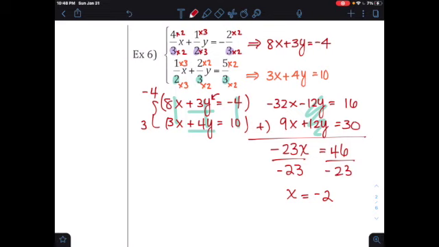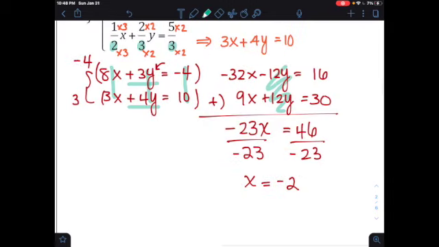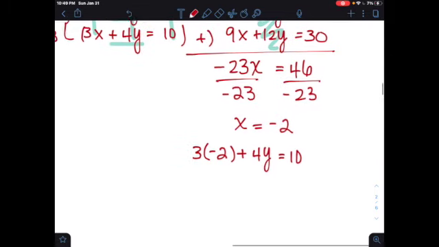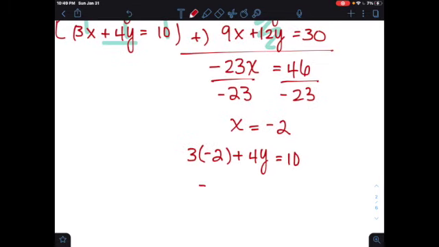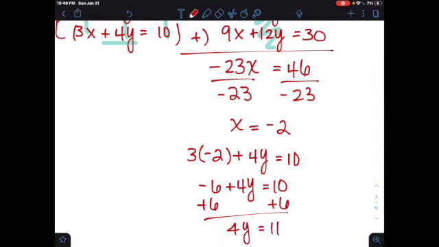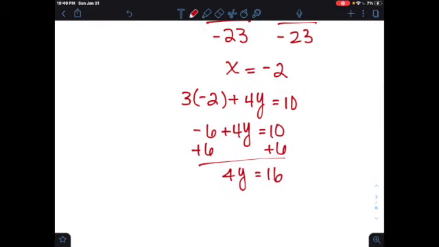So plugging it in, that's going to give me 3 times negative 2 plus 4y equals 10. And to solve it, you have negative 6 plus 4y equals 10. And plus 6 on both sides, you will have 4y equals 16. And divide by 4 on both sides, y equals 4.